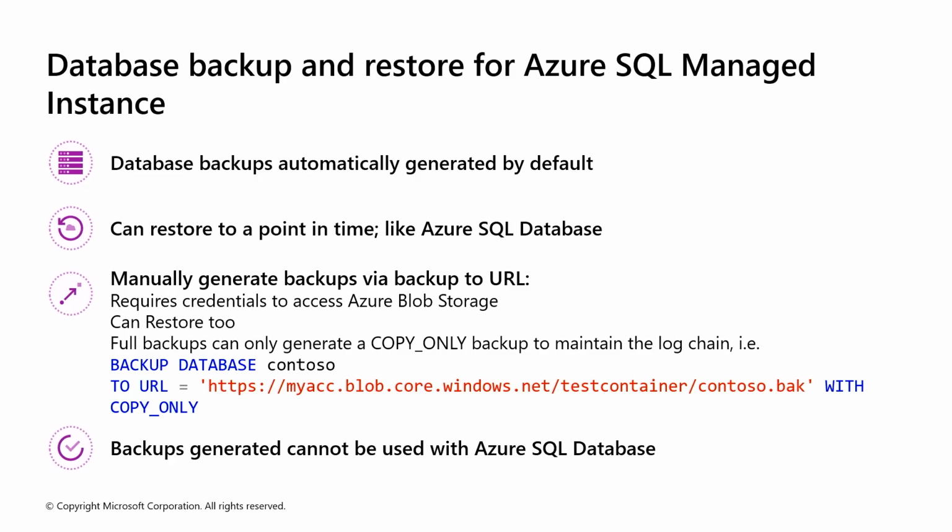However, do note that these backups are not compatible with the Azure SQL database. Understanding the constraints here of the copy-only backups and ensuring proper credential configuration are also critical for maintaining a reliable and secure backup strategy here inside our Azure SQL managed instance.